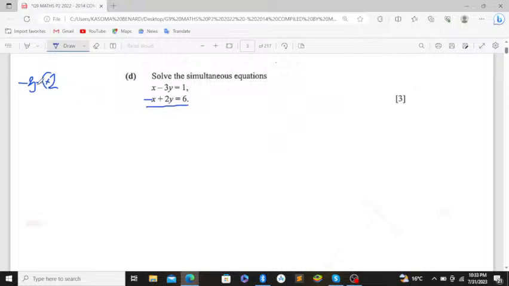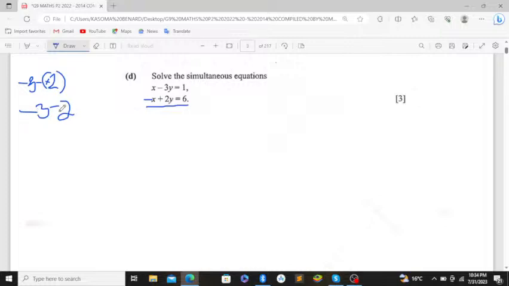Now we have this negative multiplied by positive, which is going to give us a negative. So we are going to have negative 3, then negative times positive gives us a negative. Sorry, here I didn't close it, so it's going to be negative 3 minus 2.